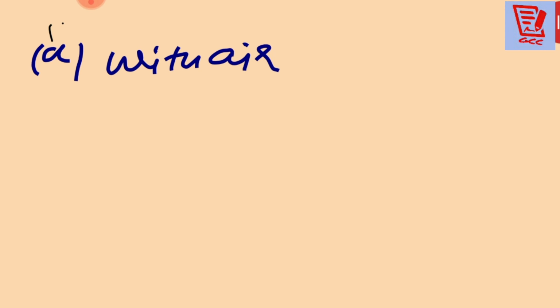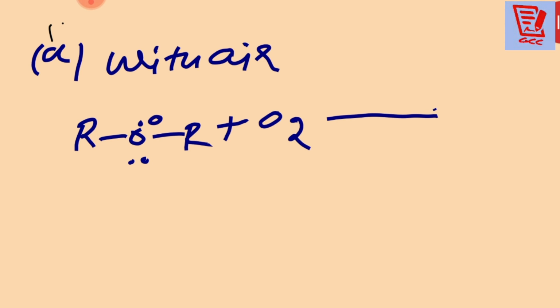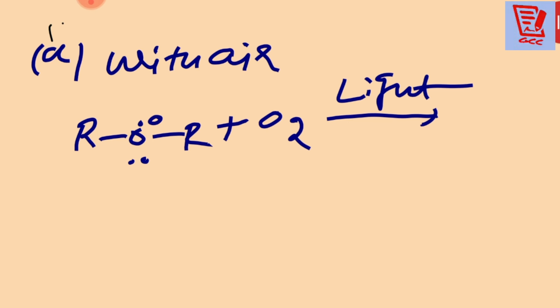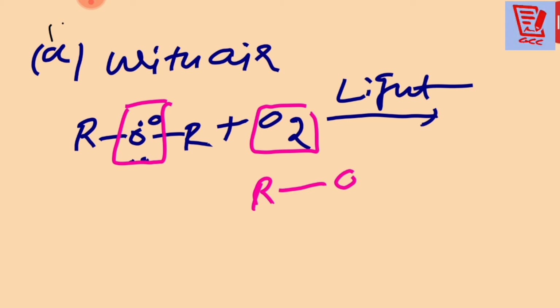When we give this reaction with the air, ROR plus O2 in the presence of light. But what does ethereal oxygen mean? Which one is the ethereal oxygen here? This is the ethereal oxygen, and this is the oxygen O2. Now what will happen there?